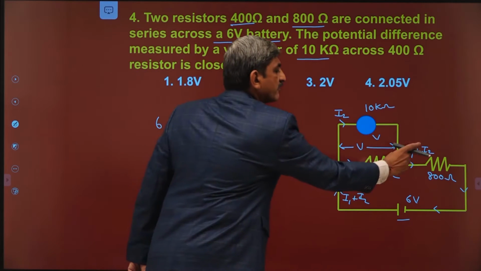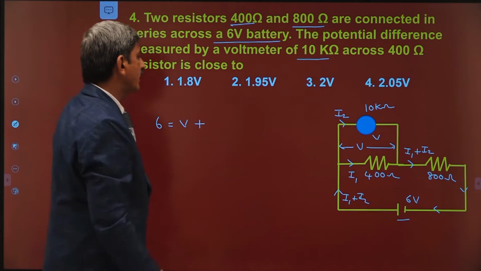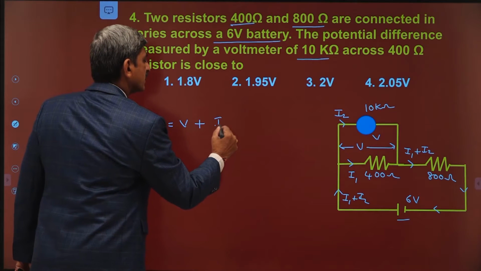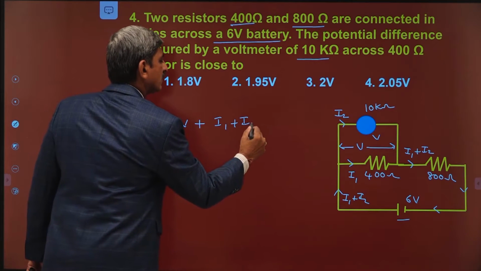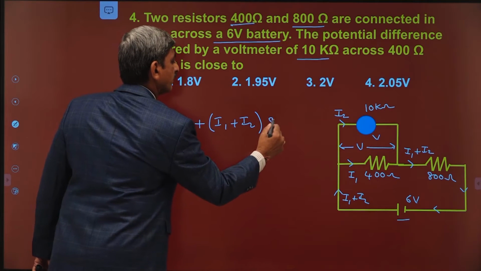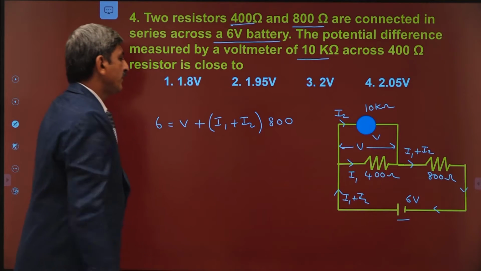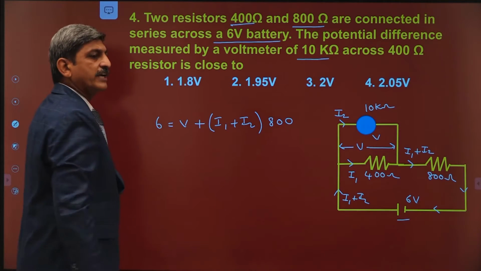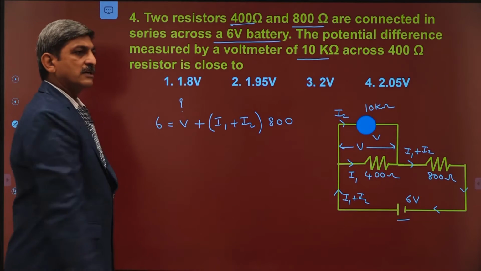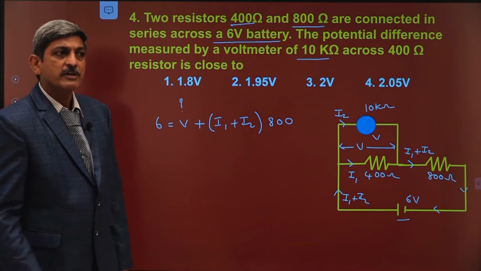Here the current is I1 plus I2 and the resistance is 800 ohms, so we can write it as (I1 plus I2) times 800 ohms. If we know the I1 and I2 values, we can find the unknown V value. Measuring V is our question.